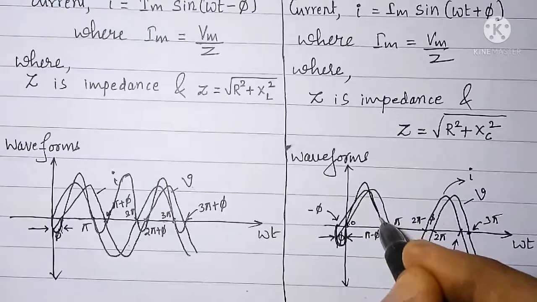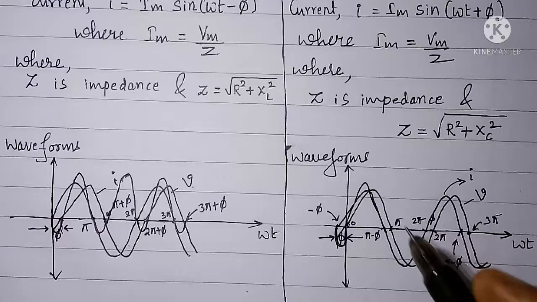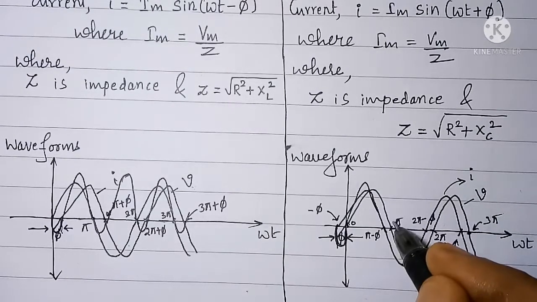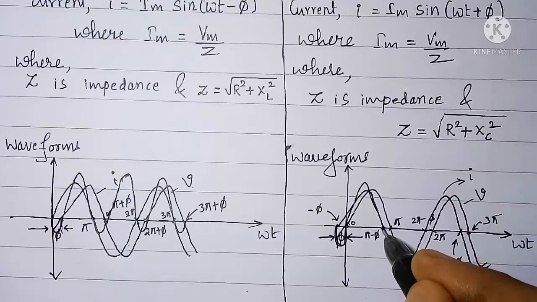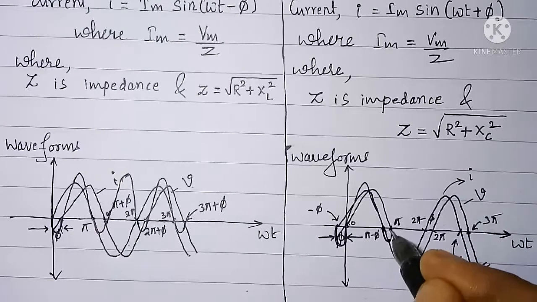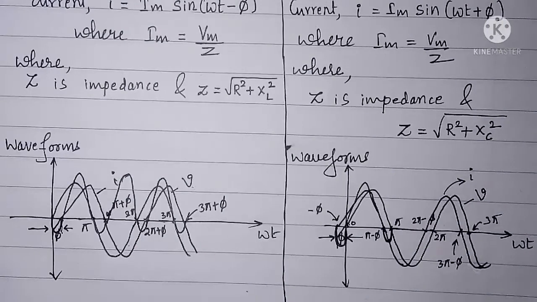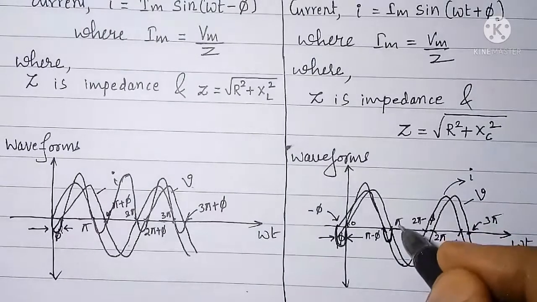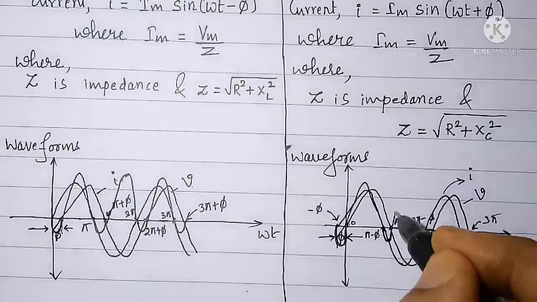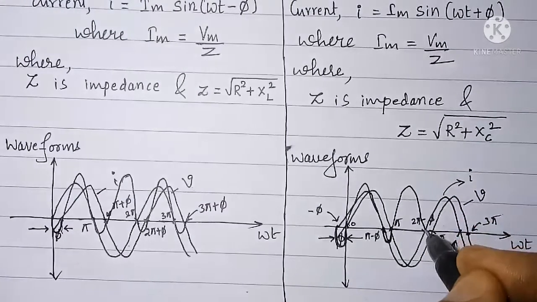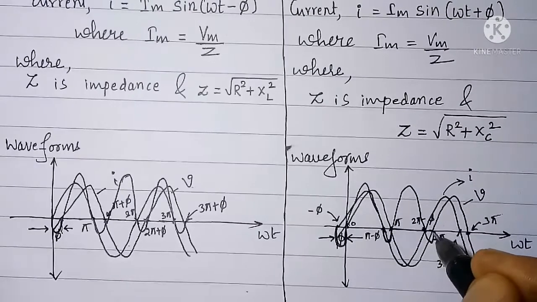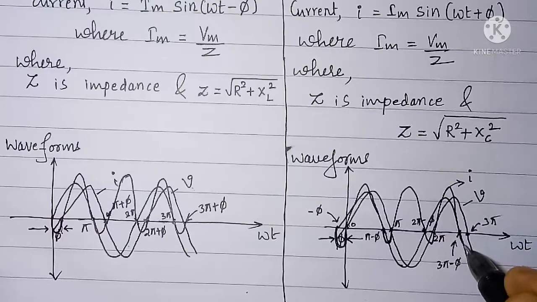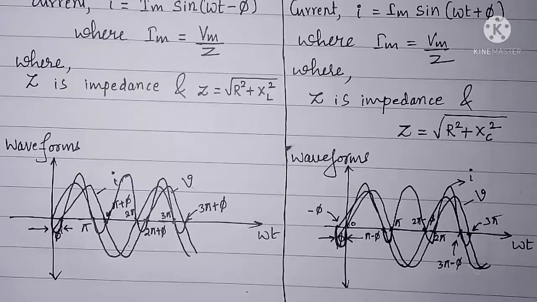So the product will be positive. From pi minus phi to pi, current is negative and voltage is positive. So the product will be negative. Similarly, we can continue and draw the remaining part of power curve. This way.